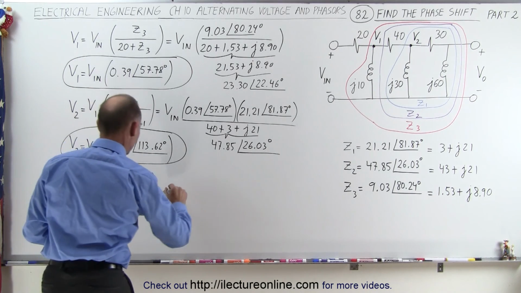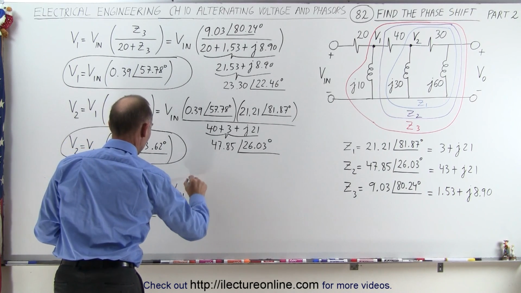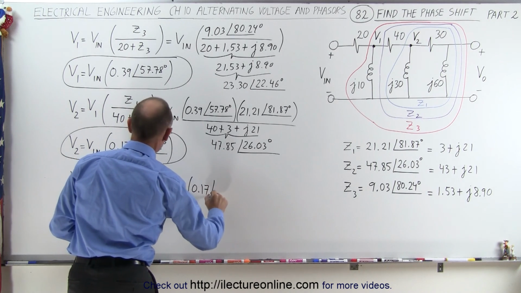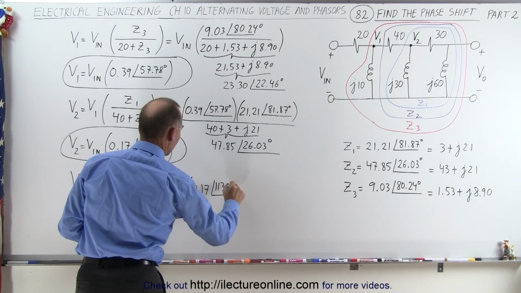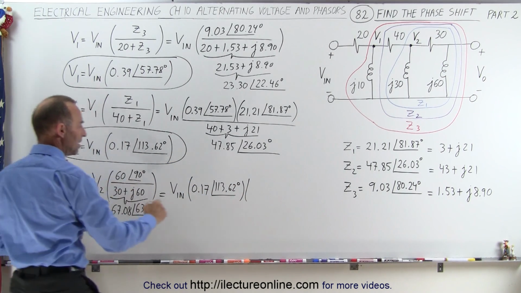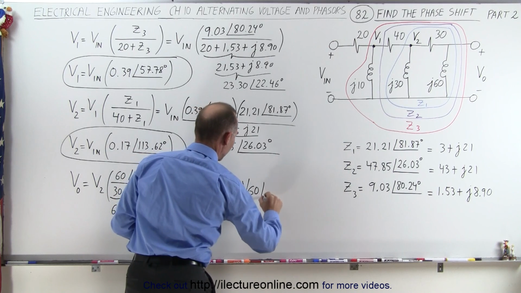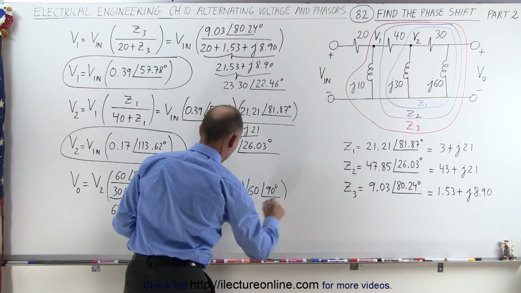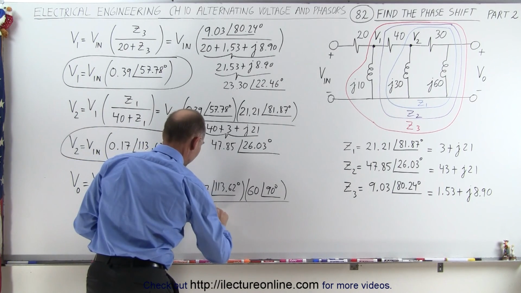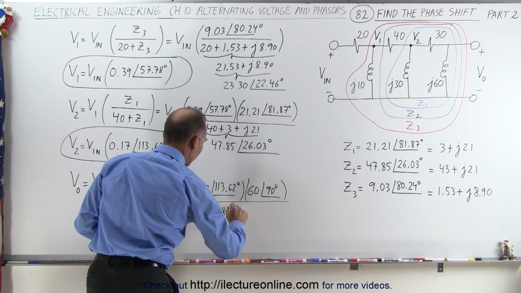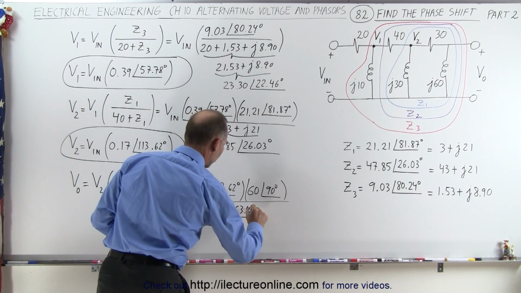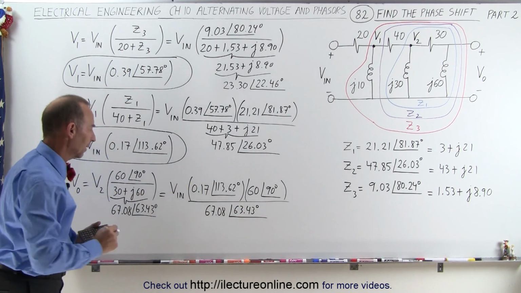V2 right here is Vin times 0.17 with a phase angle of 113.62 degrees, multiplied by 60 with a phase angle of 90 degrees, divided by 67.08 with a phase angle of 63.43 degrees.